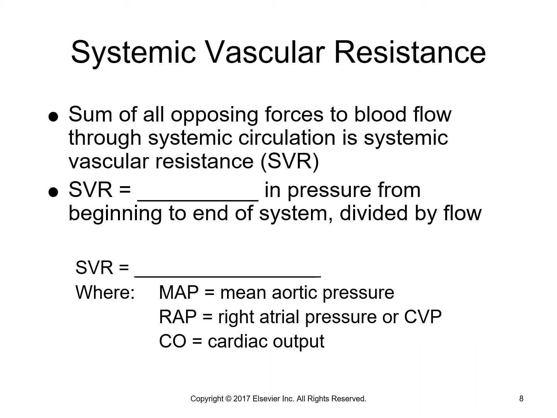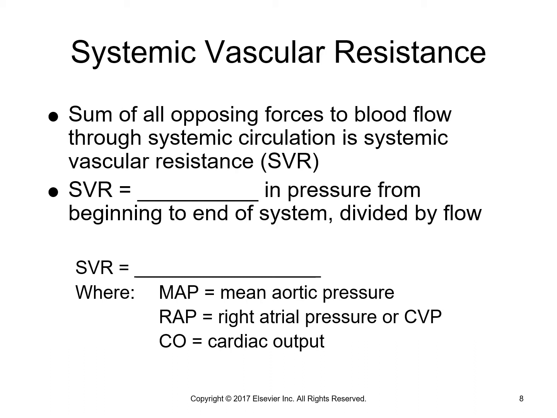So mean aortic pressure, let's say, of about 90. And then you have your right atrial pressure. You're looking at the beginning of the system, where it's coming out of the aorta, then travels through the body, and comes back to the right atrium. Your right atrial pressure is about 4 millimeters of mercury.